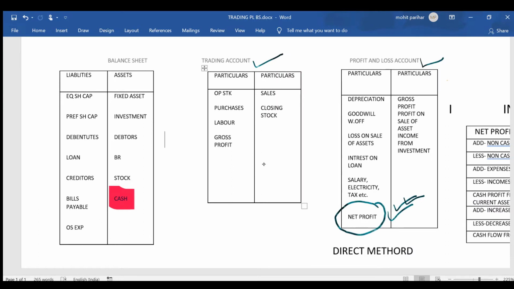All the transactions related to purchase and sale of fixed assets and investment are a part of investing activities. When we purchase fixed assets or investment, there is a outflow of cash. And when we sell these fixed assets and investment, there is a inflow of cash.